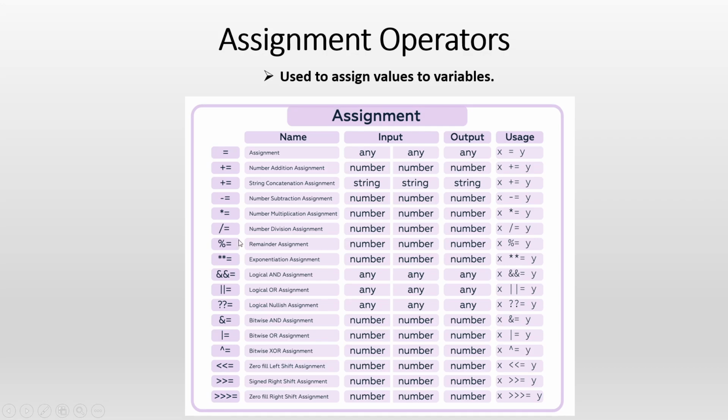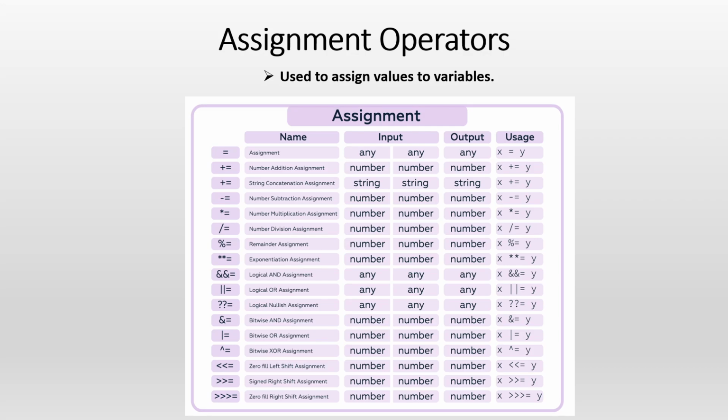These are the assignment operators: equal to, plus equal to, minus equal to, all these things. So you need to have basic understanding. To put it simply, assignment operators are used to assign values to the variables.